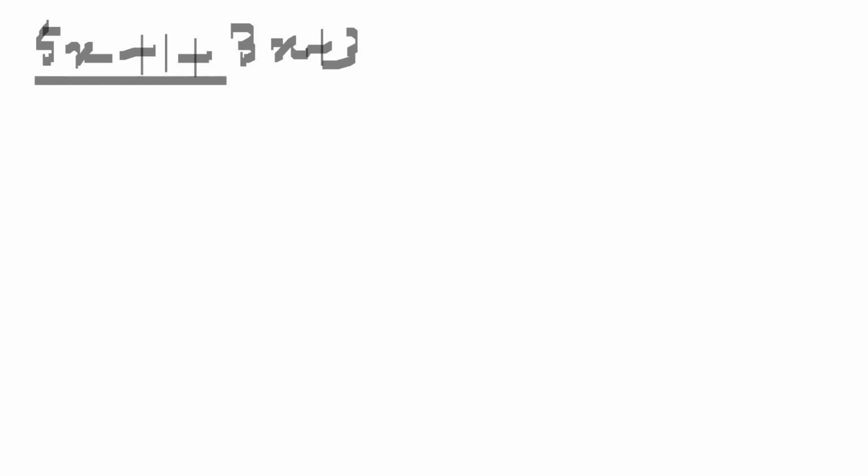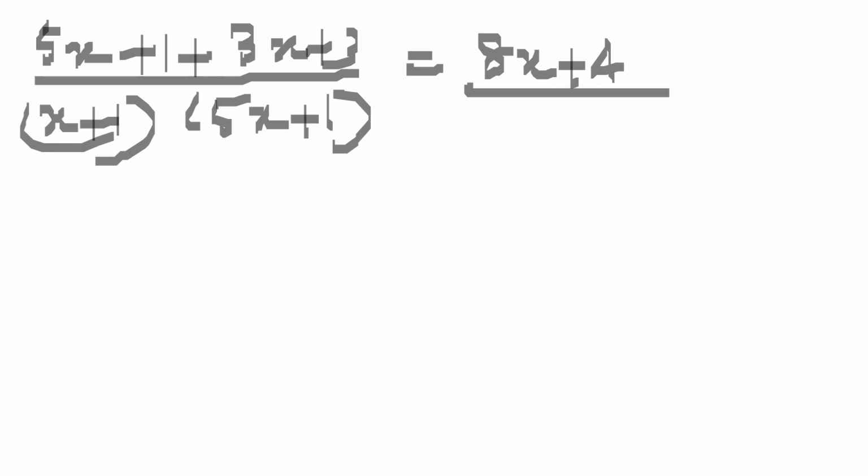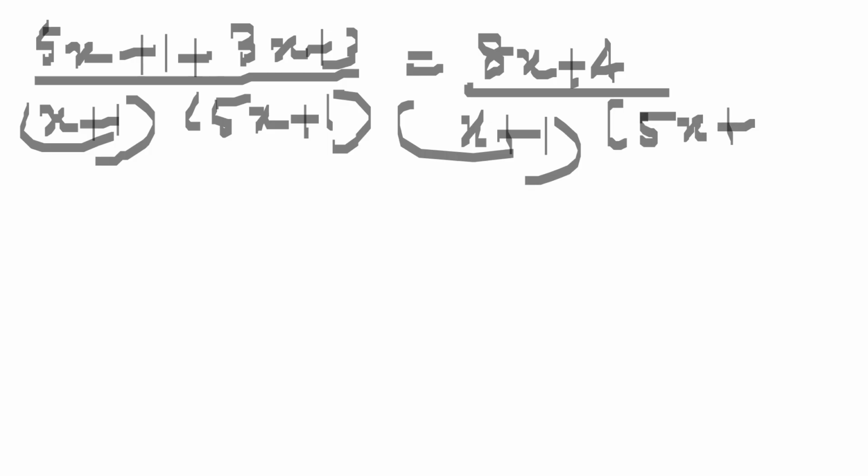So now let's open the bracket. 5x plus 1 plus 3 into x plus 1 is 3x plus 3. Denominator is x plus 1 into 5x plus 1, equal to 8x plus 4, 5 plus 3 is 8, 8x plus 4, divided by x plus 1 into 5x plus 1.